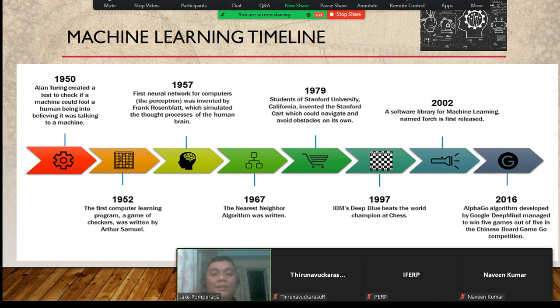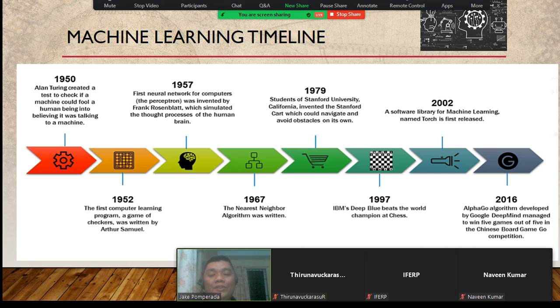So I have here the machine learning timeline. It started in 1950 with Alan Turing, who is also considered the father of computer science. He created a test to check if a machine could fool a human being into believing it was talking to a human.